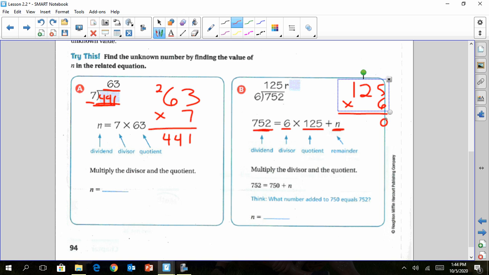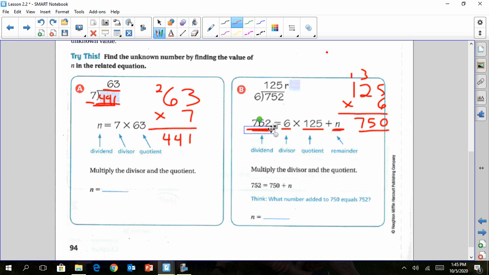6 times 5 is 30. Six times 2 is 12, plus 3 gives me 15, carry my 1. And 6 times 1 is 6, plus 1 equals 7. We have an answer of 750. We want an answer of 752.